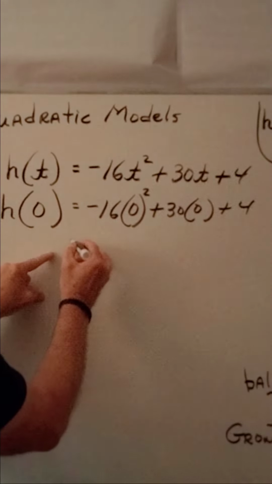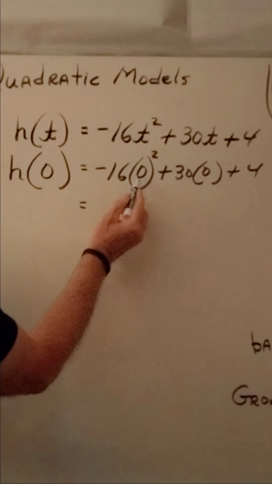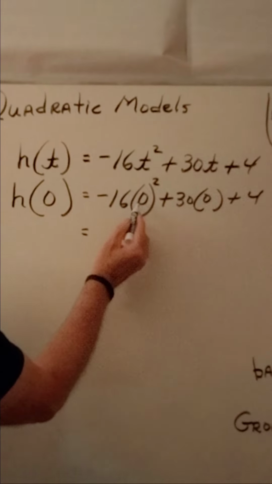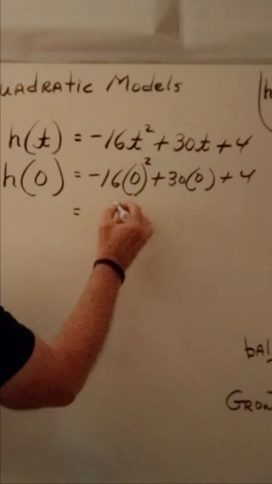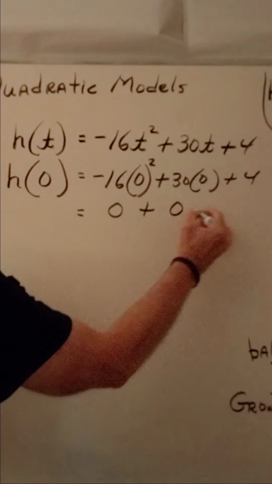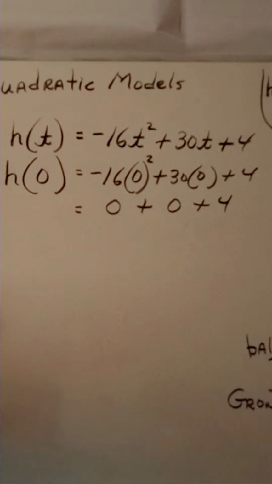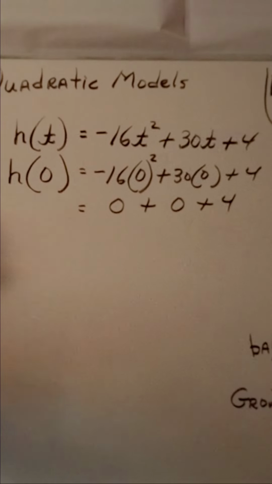Let's come down and do the mathematics. 0 squared is 0. I'm going to condense this real fast. Negative 16 times 0 is 0, plus another 0, plus 4. And now we'll express our answer.